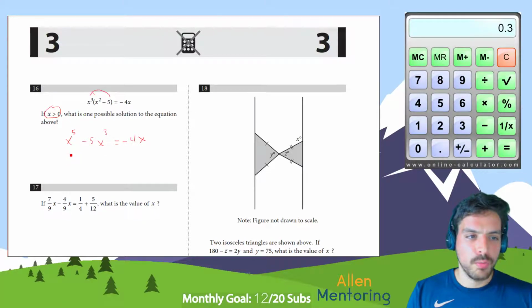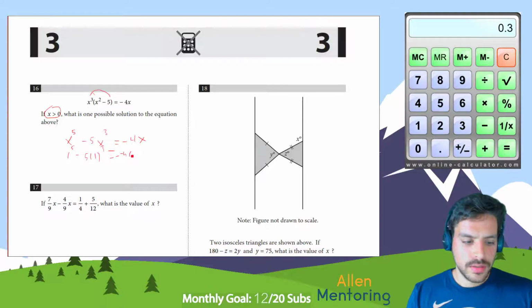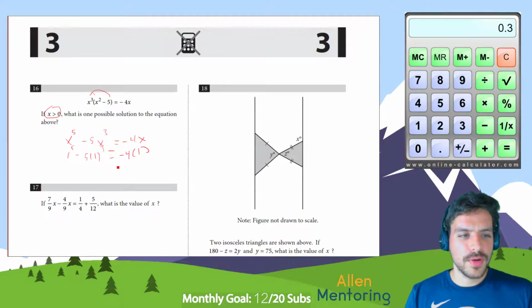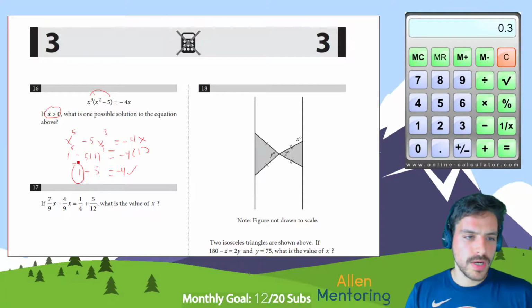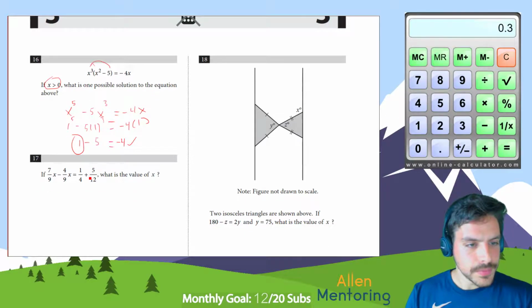So if we just plug in 1, we see that 1 to the 5th minus 5 times 1 cubed is equal to negative 4 times 1. Okay, and so 1 to any power will still be 1. So 1 minus 5 is equal to negative 4, and we know that. Okay, so 1 in our case is the answer.